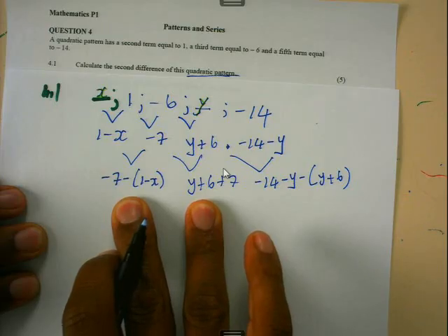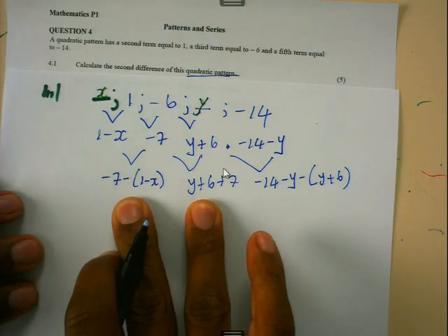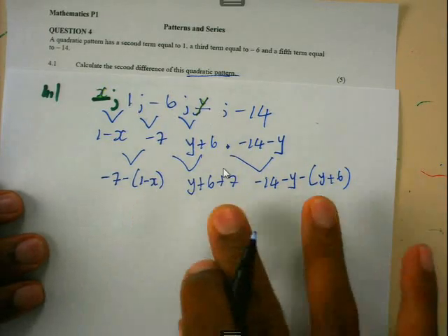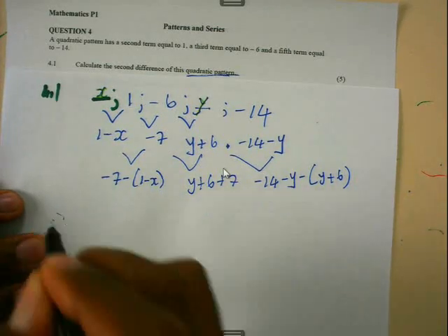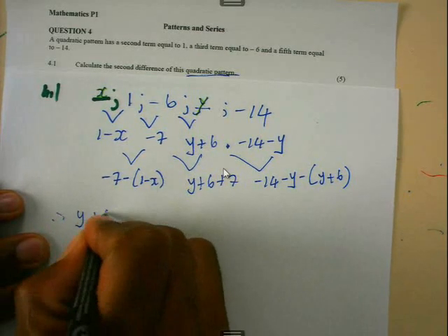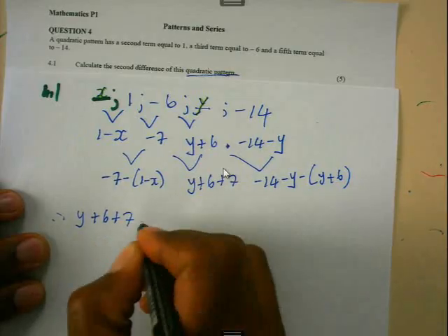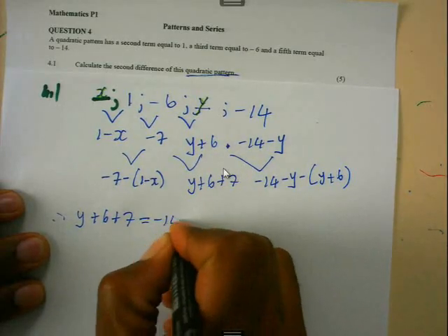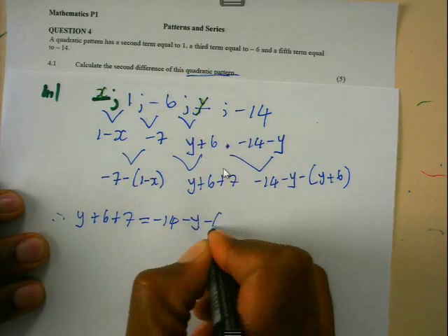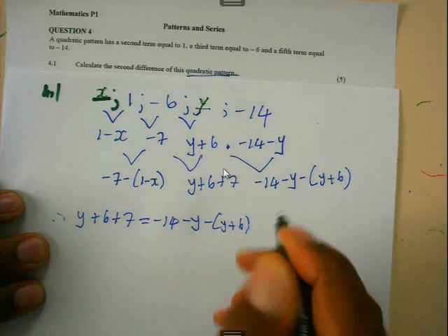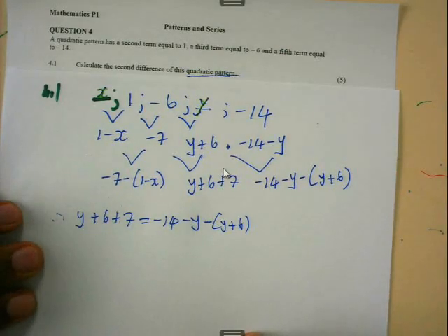I will have x as well as y as the unknown. But what I can do now, I can take the last 2, whereby now I can say y plus 6 plus 7 is equals to minus 14 minus y minus y plus 6. I equate the two. Why? The second difference is the same.